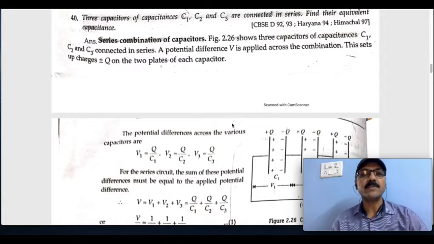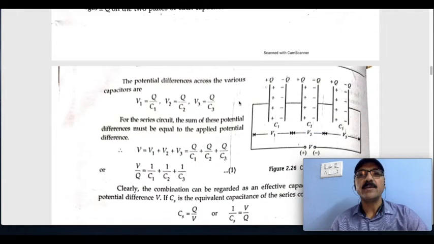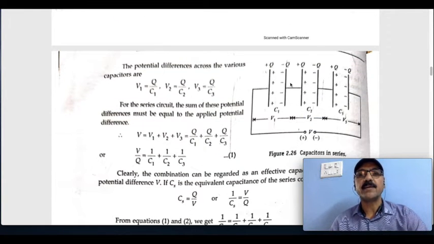Now we are going to start with the series combination of capacitors, then the parallel combination. First, we'll discuss the series combination. Look at this: there are three capacitors whose capacitances are C1, C2 and C3.